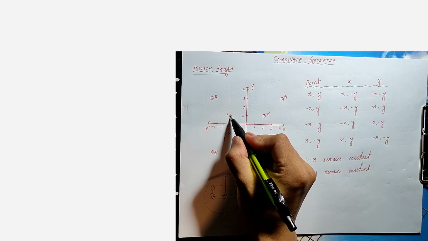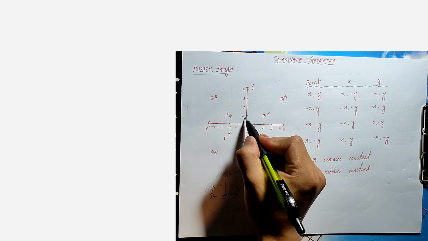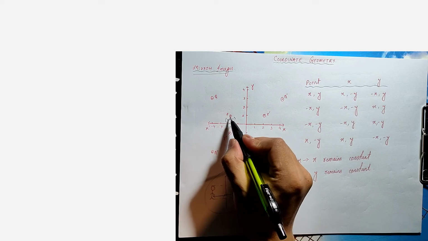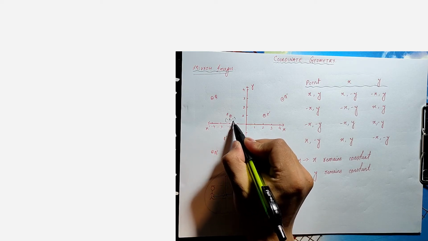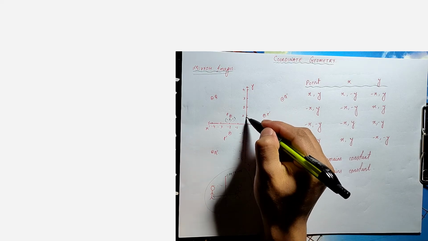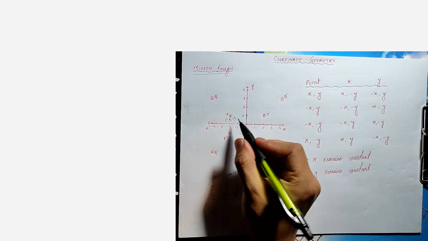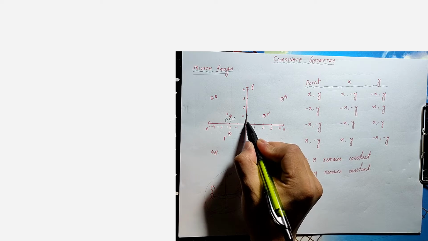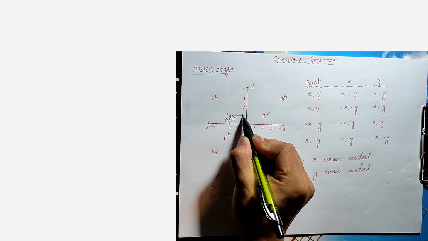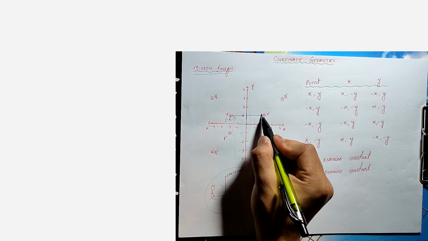Let's see this point. This point is P. We know the coordinate of P is first x-axis, so -2, then y-axis, so 1. The coordinate of this point is (-2, 1). So what will be the mirror image along the y-axis? Here we're considering this to be the mirror. Now you know, if a person is standing here and this is the mirror, his image will be here, and we know that the distance between this and the distance between this has to be the same.